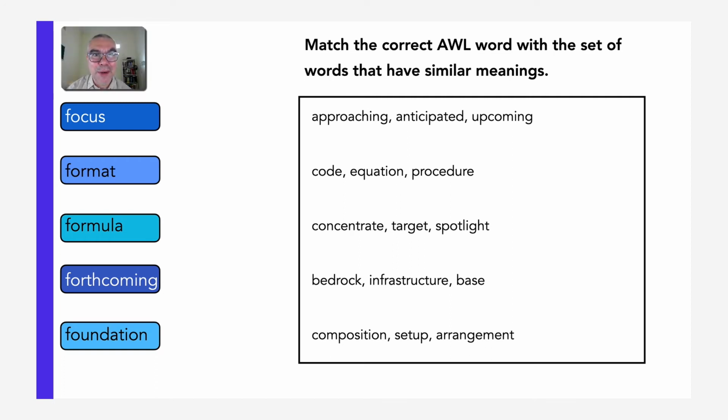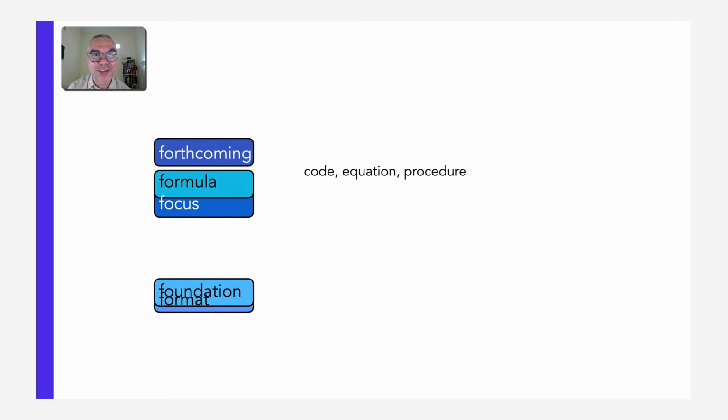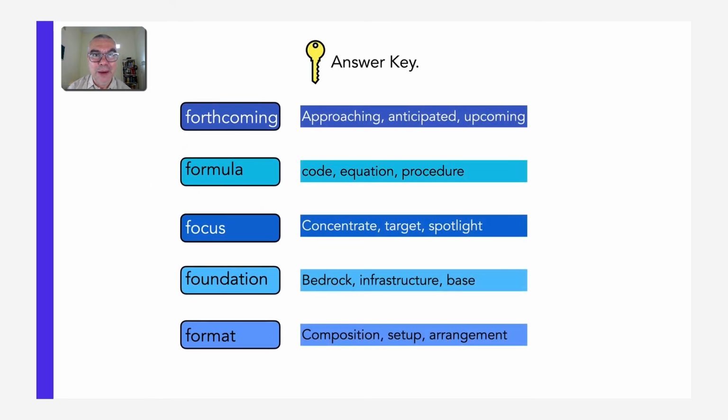Did you match it up okay? Here are the answers. The first is forthcoming, which matches with approaching, anticipated, and upcoming. And then formula goes with code, equation, procedure.